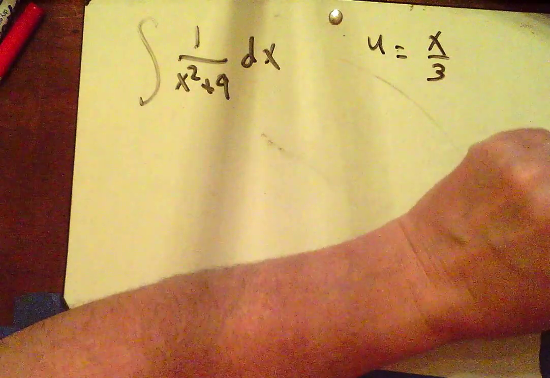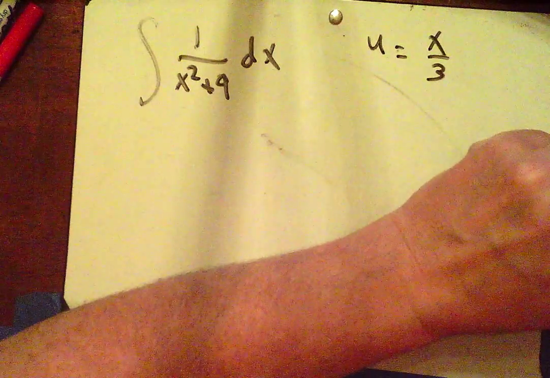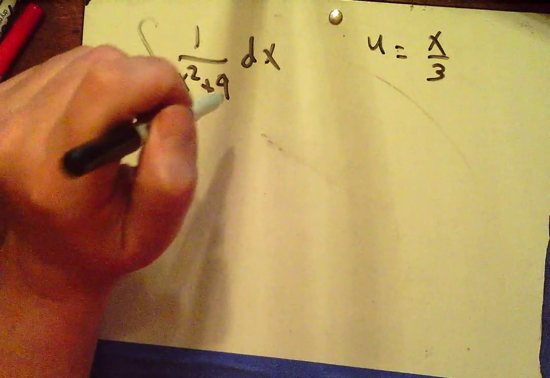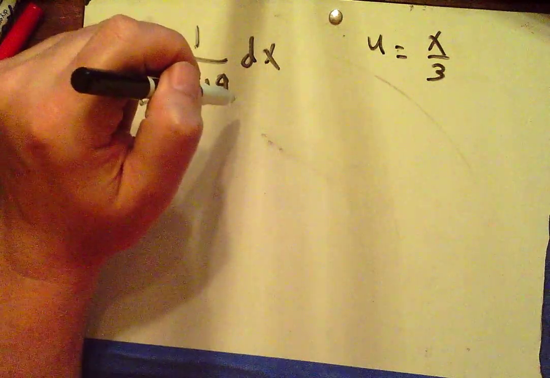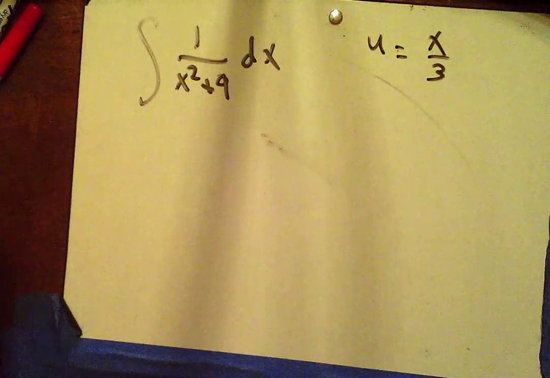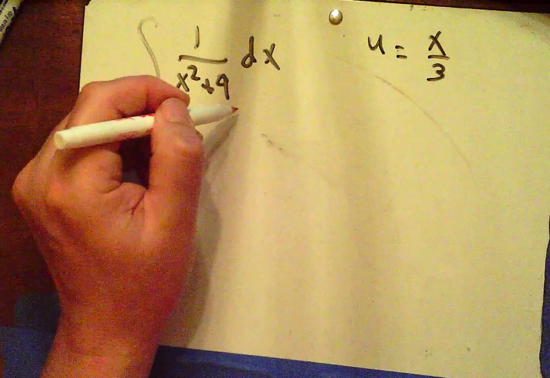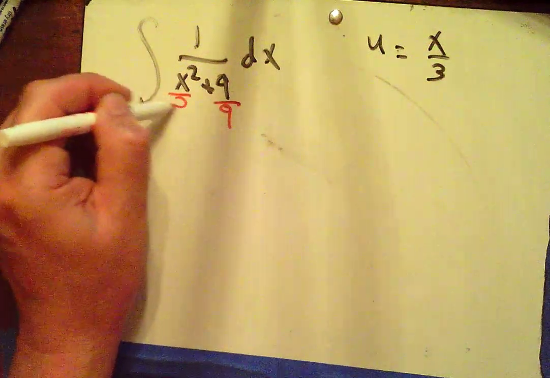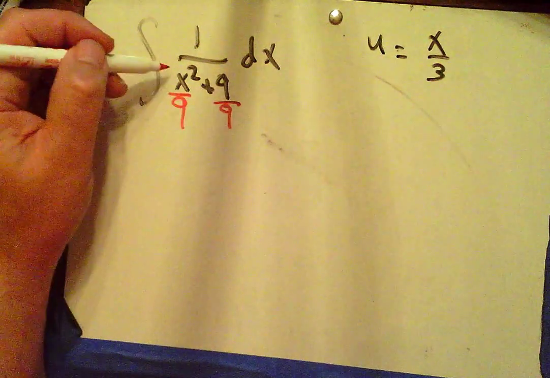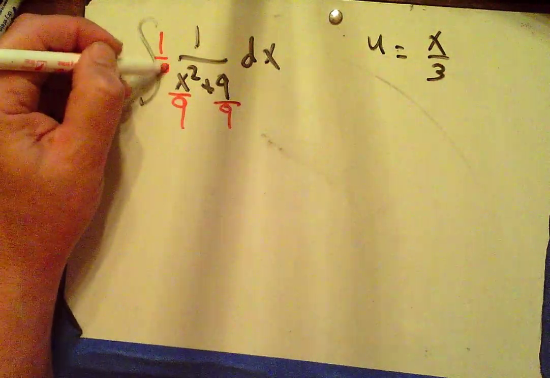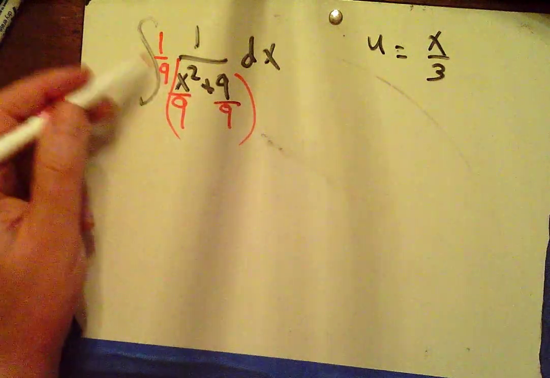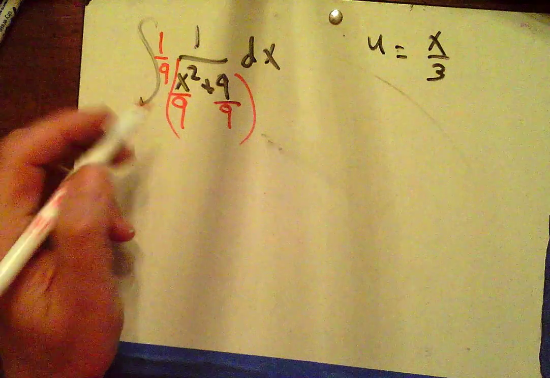And that never seems to really help people. So what I want to say is, if that were a 1, this would be inverse tangent. So let's turn it into a 1. We'll divide by 9, but at the same time that we're dividing in the denominator by 9, we also need to multiply in the denominator by 9, because then we're not actually changing anything.